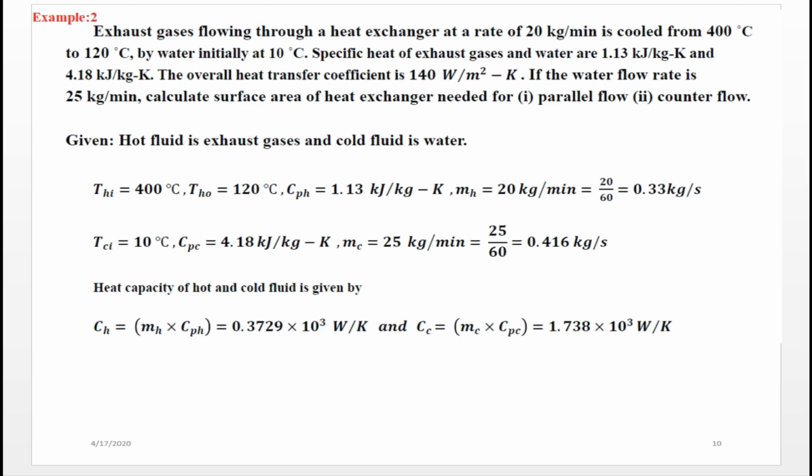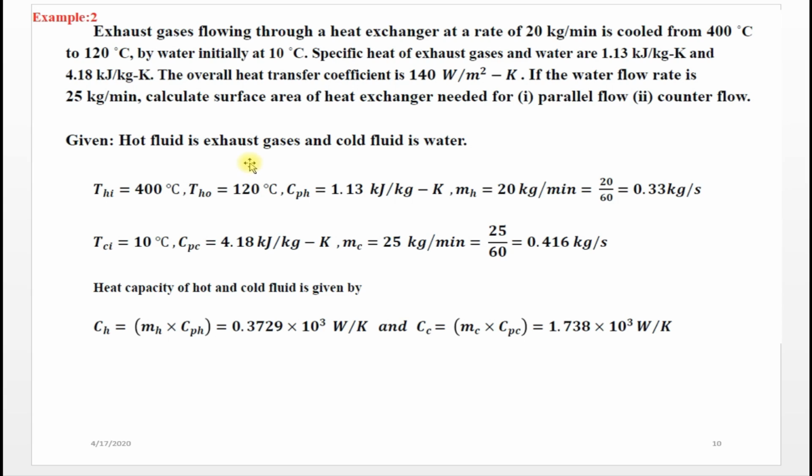The overall heat transfer coefficient is 140 watt per meter square Kelvin. If the water flow rate is 25 kg per minute, calculate the surface area of the heat exchanger needed for parallel flow and counter flow.